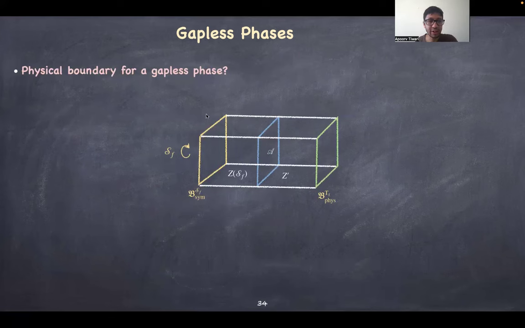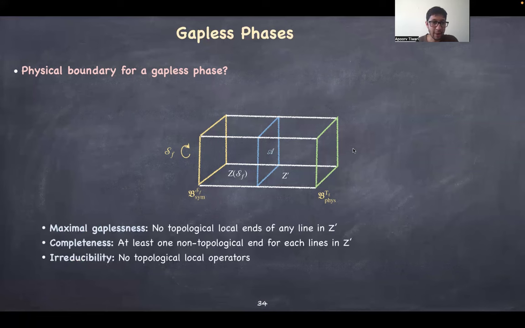So what is the physical boundary that one can have? We've defined this interface using some non-maximal condensable algebra. The question is, what is the physical boundary that one can have for defining a gapless phase? And there are various conditions that one requires from this boundary.